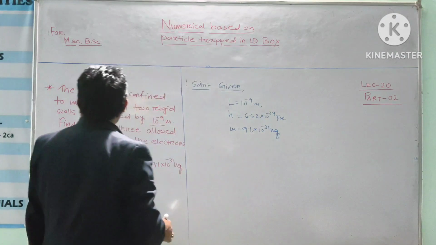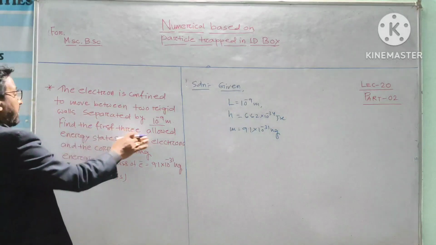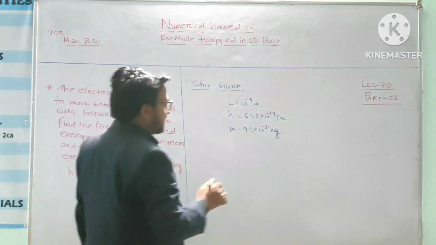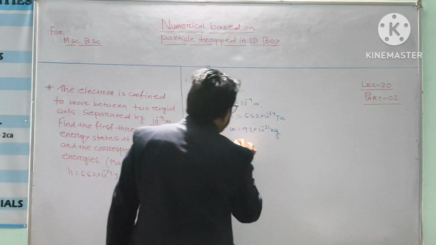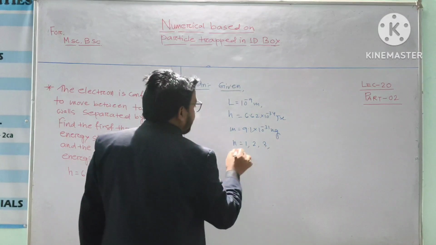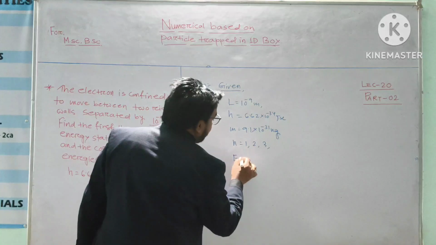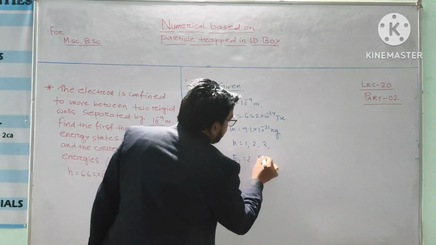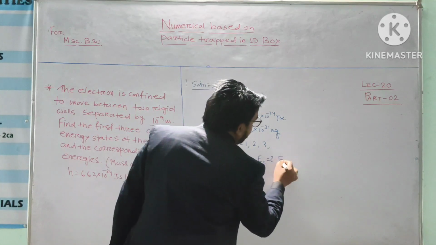Okay, and find the first three allowed energy states. That means n equal 1, 2 and 3, and our corresponding energies: E1 equal what, E2 equal what, and E3 equal what.